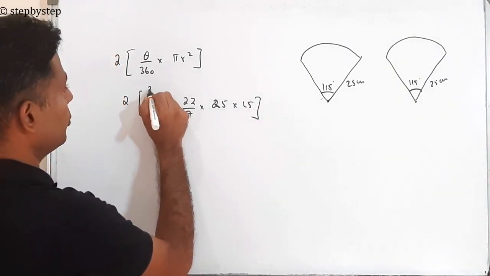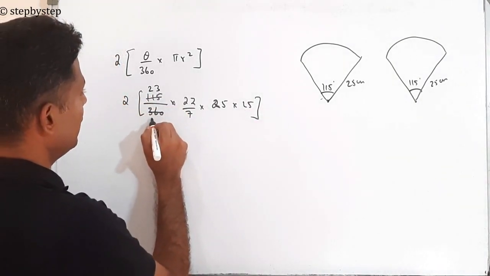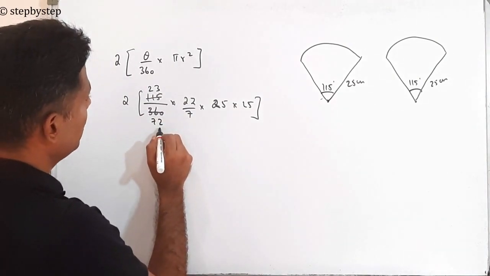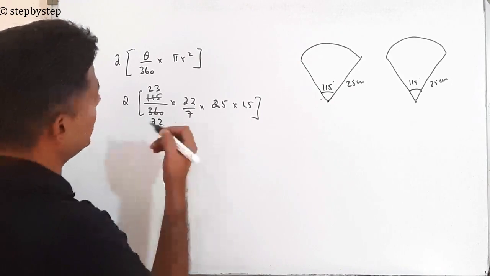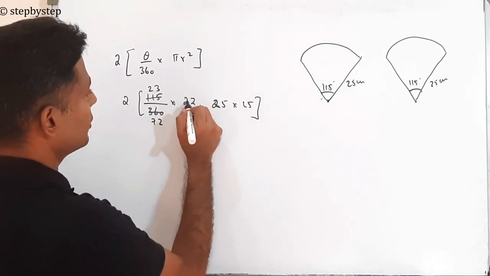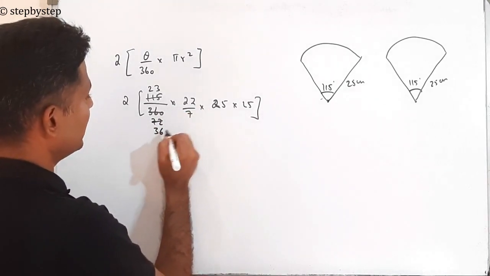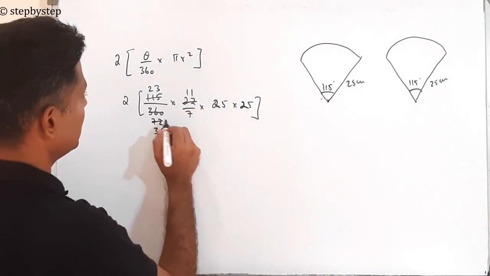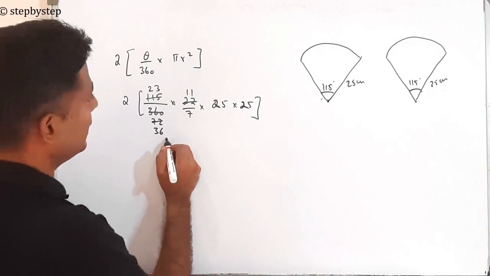Let's see what cancels. Does 23 go with 72? No, it does not. Let's see what else goes. 2 36s are, 11s are. Anything else?